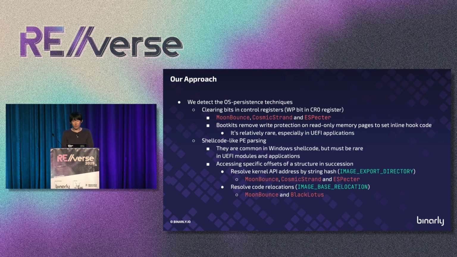Also, shellcode-like PE parsing must be rare in UEFI modules and applications. Specifically, we focused on 2 structures: image export directory and image base relocation. In this way, we decided to detect these OS persistence techniques.